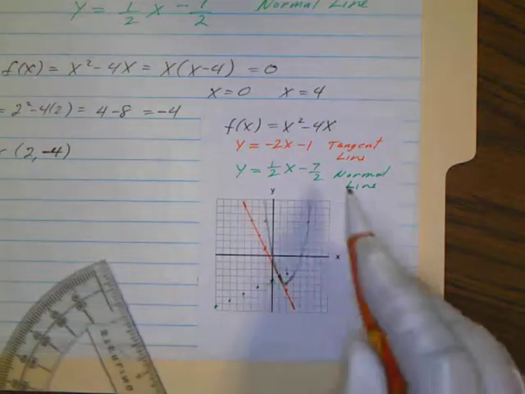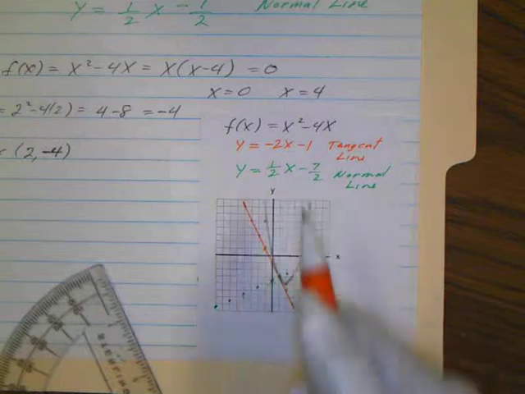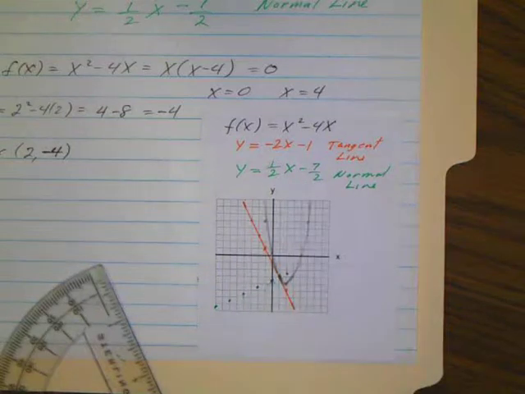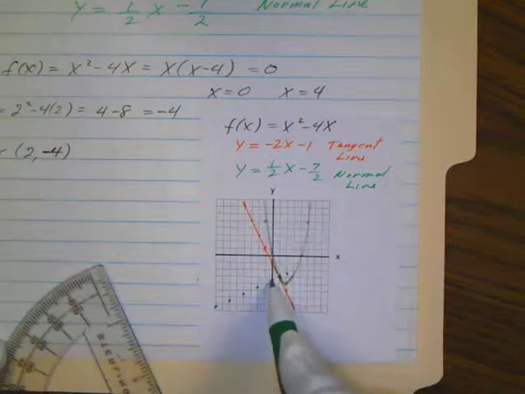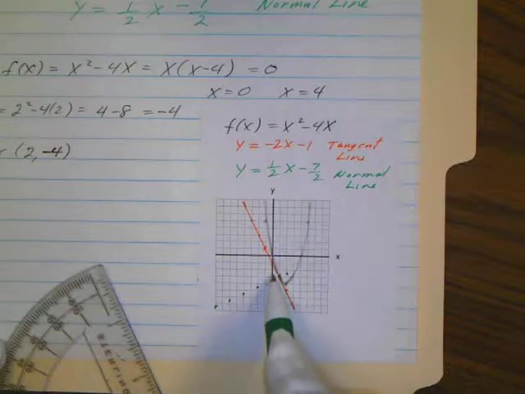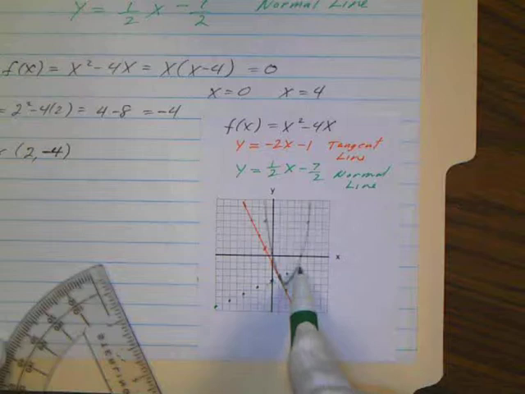And then I found out the normal line. Again, my intercept was negative 3.5. So I went down here, 1, 2, 3.5. So there's my negative 3.5. And my slope was 1/2. So I go up 1 over 2, up 1 over 2.